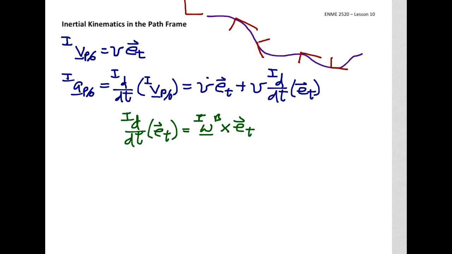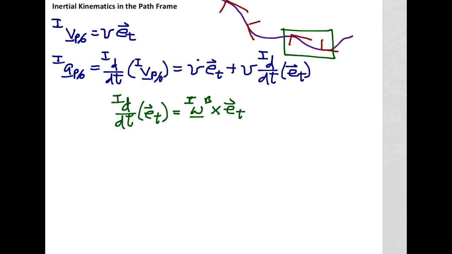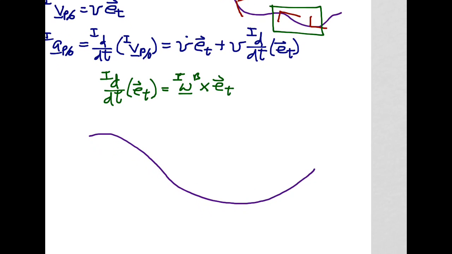Let's zoom in on a section of this curve, we'll say right there, and then let's take a look at what exactly is changing within that curve. So if our point P is somewhere down here, then anytime we're on a curve, we can model this curve as if we were fitting a circle right to this point.